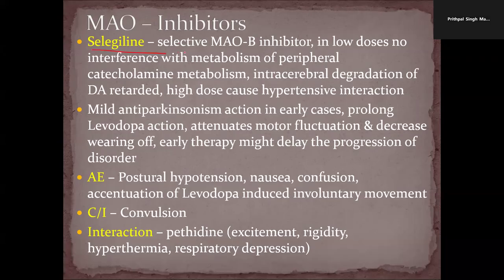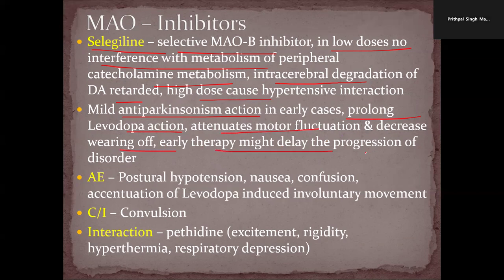Selegiline is a selective MAO-B inhibitor, and in low doses it prevents the intracerebral degradation of dopamine. High doses can cause hypertension. It has a mild antiparkinsonian action in early cases. It can prolong the action of levodopa, attenuate motor fluctuations, and decrease wearing off.